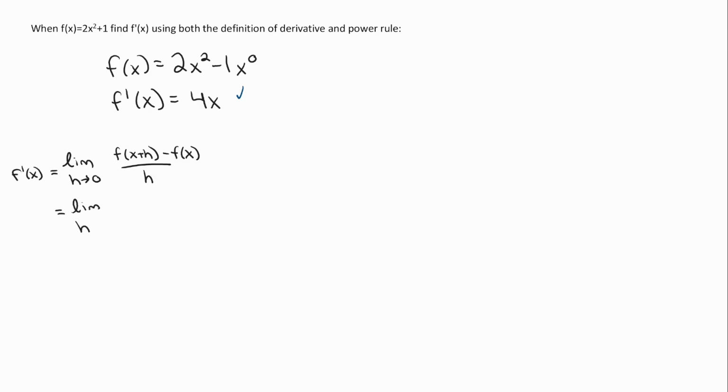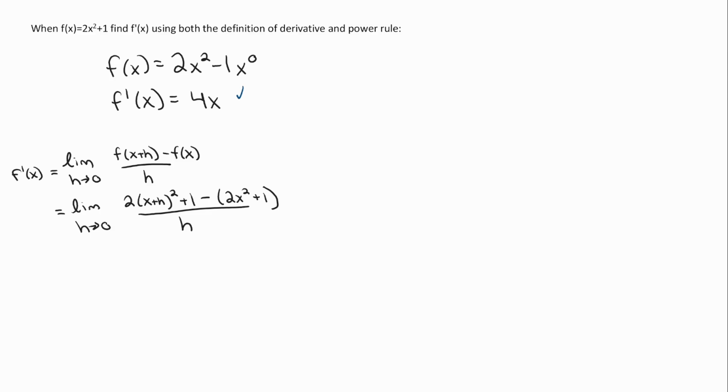We have the limit of h going to 0, and we plug x plus h into wherever we have x terms. So we're going to have 2 times x plus h squared plus 1 minus the f of x function, 2x squared plus 1, divided by h.